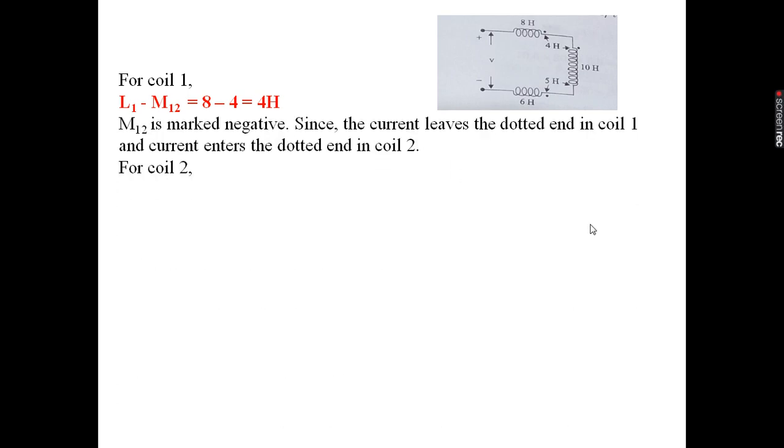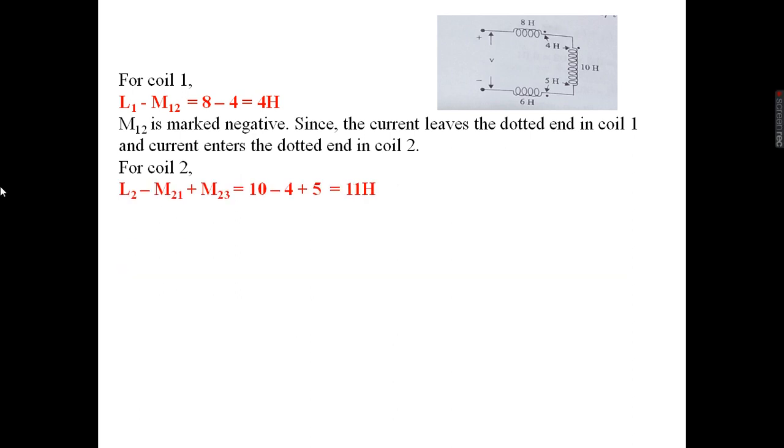Now let us take coil 2. Self-inductance of coil 2 is 10 Henry, mutual inductance between coil 1 and 2 is 4 Henry, and mutual inductance between coil 2 and 3 is 5 Henry. So the total inductance for coil 2 will be self-inductance plus the mutual inductance due to coil 1 plus the mutual inductance because of coil 3.